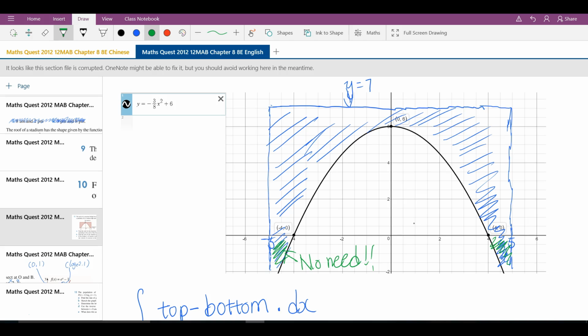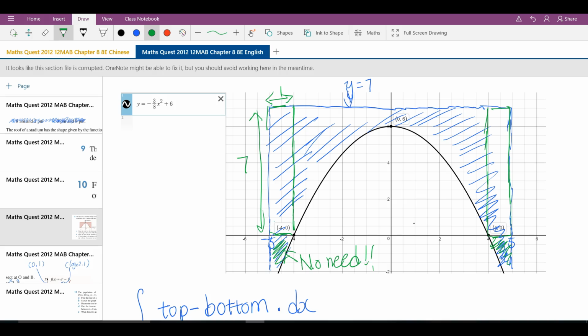So what I would do is I would calculate this little rectangle area first, right? This little rectangle area, same as here, because the width of this is 1, from negative 4 to negative 5 is 1, and the length of this is 7, from 0 to 7.